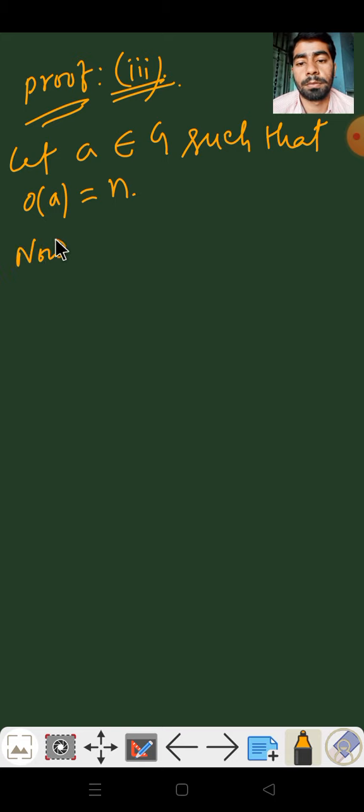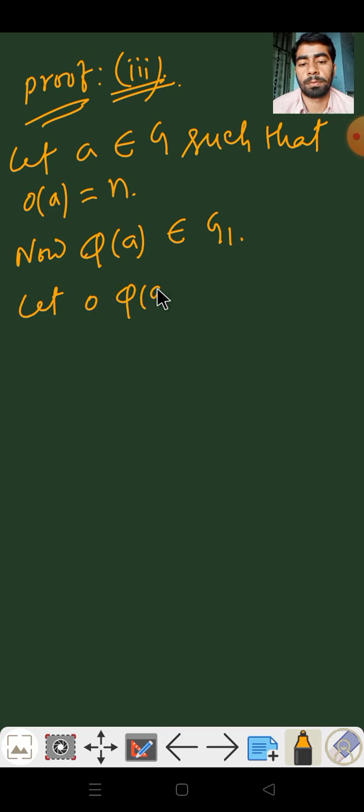Now phi of A belongs to G1, and let the order of phi of A be some small m.